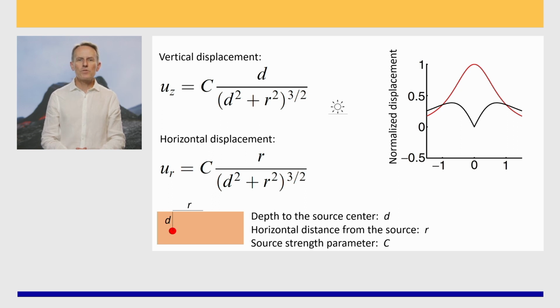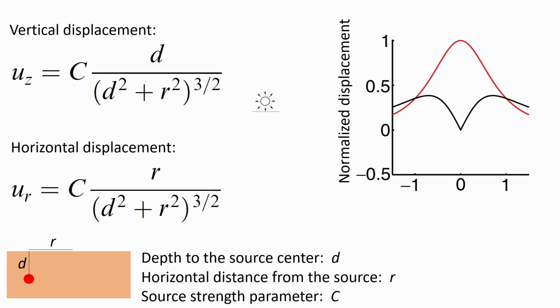We can then use a coordinate system where the horizontal distance from the source is on a horizontal axis that we refer to as r. The model predicts both horizontal displacement in the radial direction, directly from the surface projection of the source center, and vertical displacement as shown with the equations and graphs in this figure.